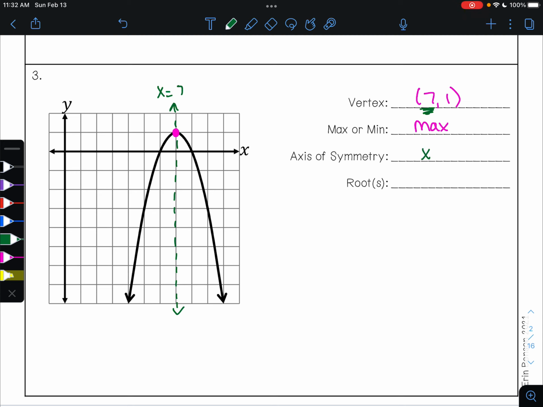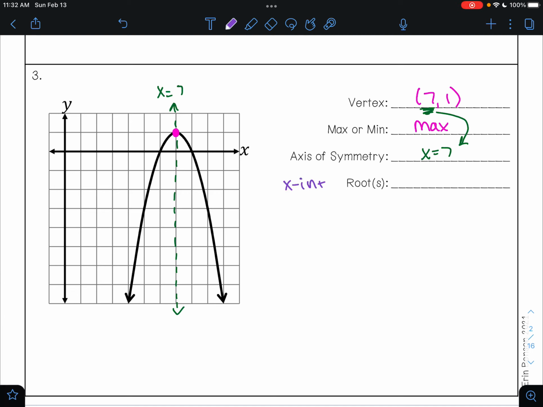So our axis of symmetry is x equals 7. The roots are the same thing as your x-intercepts. So I have an x-intercept here, and that is the point (6, 0). And I have another x-intercept here, and that is the point (8, 0).